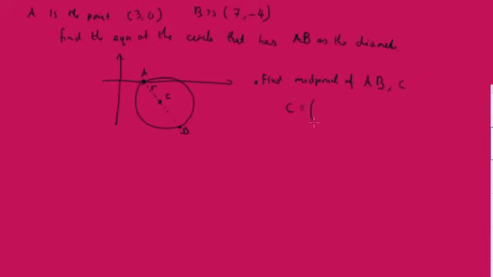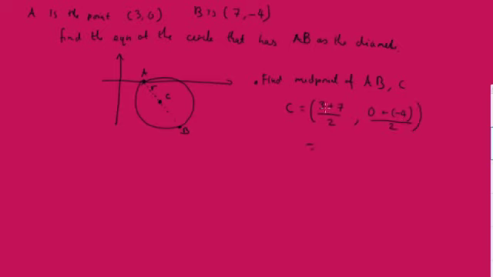So C is going to be, for the x coordinate, 3 plus 7 over 2, and for the y coordinate, 0 plus minus 4 over 2.